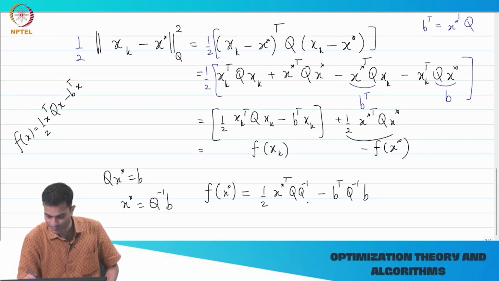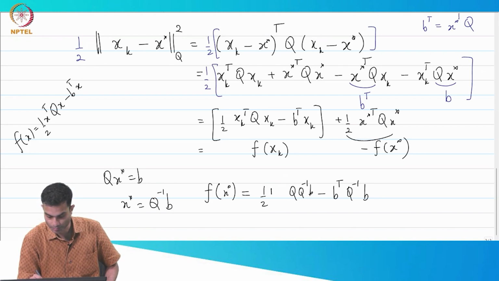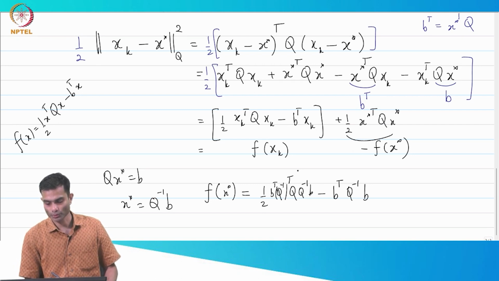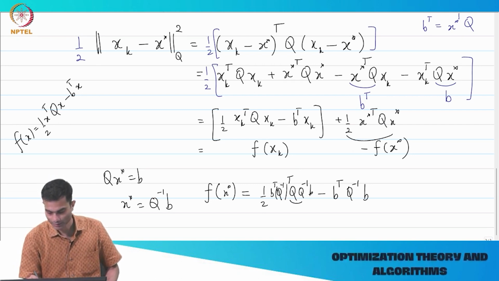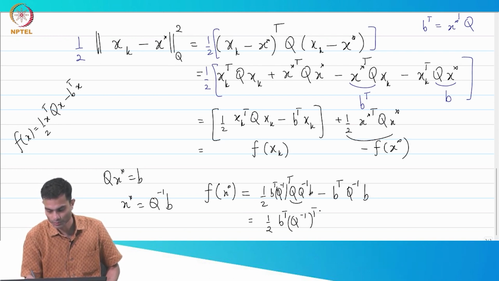So this is Q inverse B. B transpose Q inverse transpose. Then the Q inverse goes to identity, right? Then what does this become? Half of B transpose Q inverse transpose B, and then that transpose.